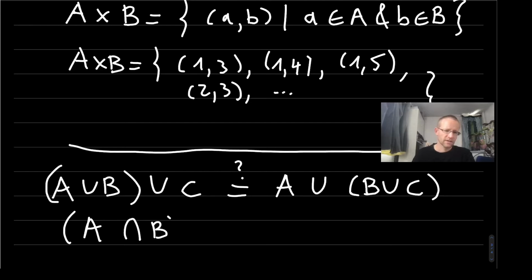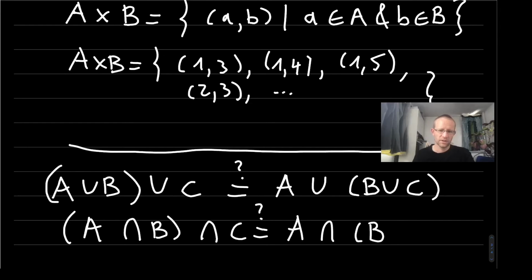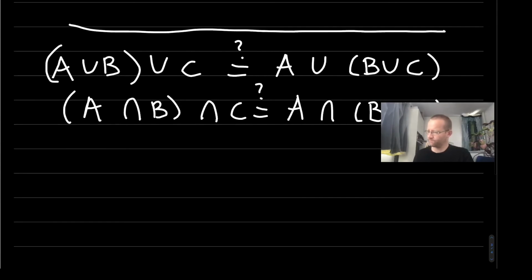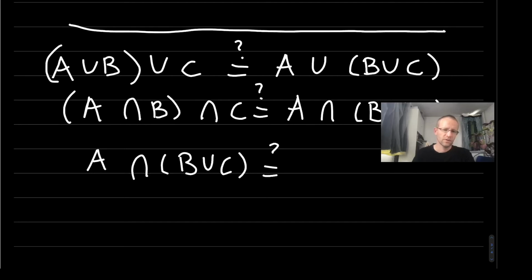Is A intersection B intersection C equal to A intersected with B intersection C? Is A intersection with B union C equal to A intersection with B union A intersection with C?